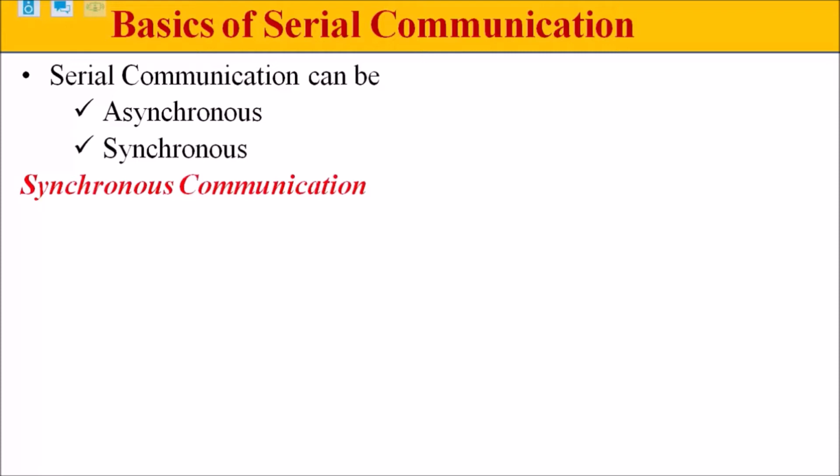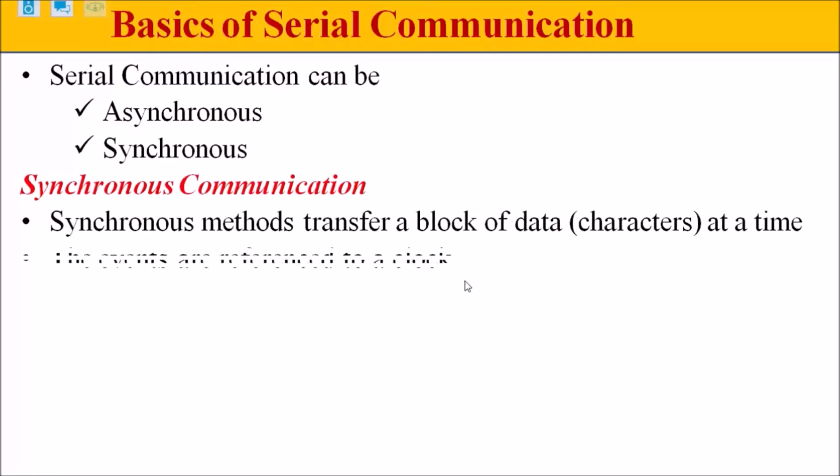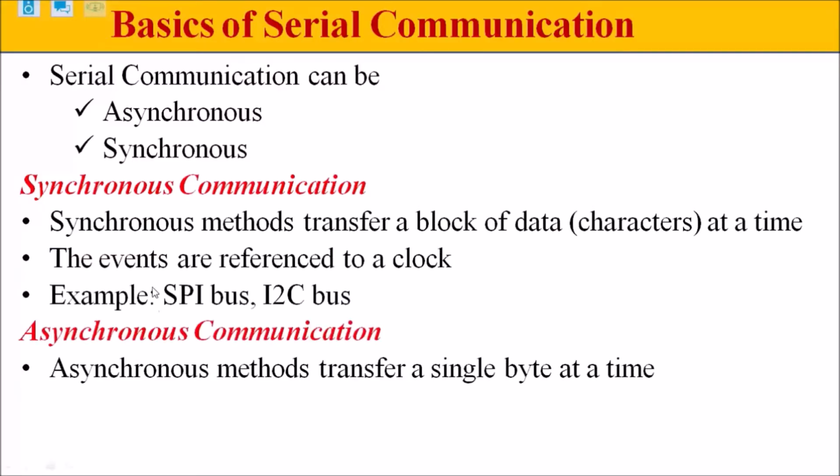So along with data in synchronous communication, the transmitter has to transmit the clock signal also. The transmitter transmits a clock signal and a data signal. Examples are the SPI protocol and the I2C protocol. This you have to study afterwards.